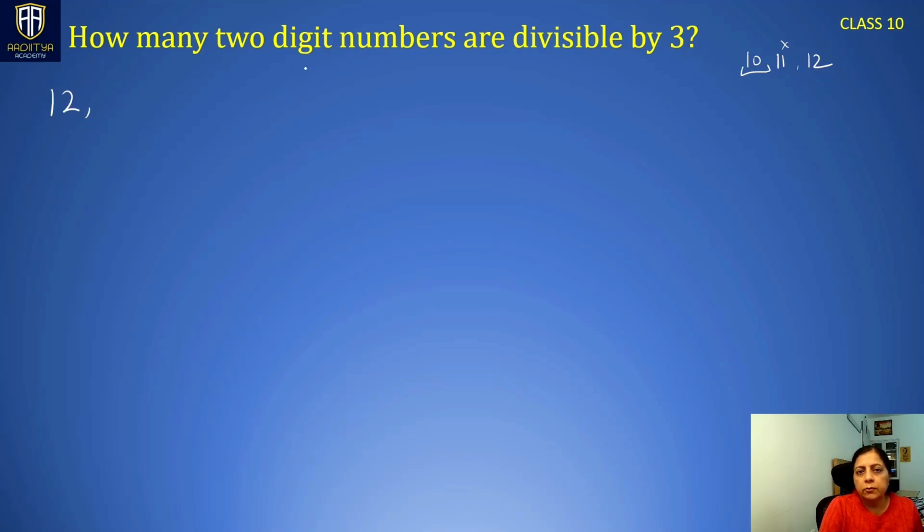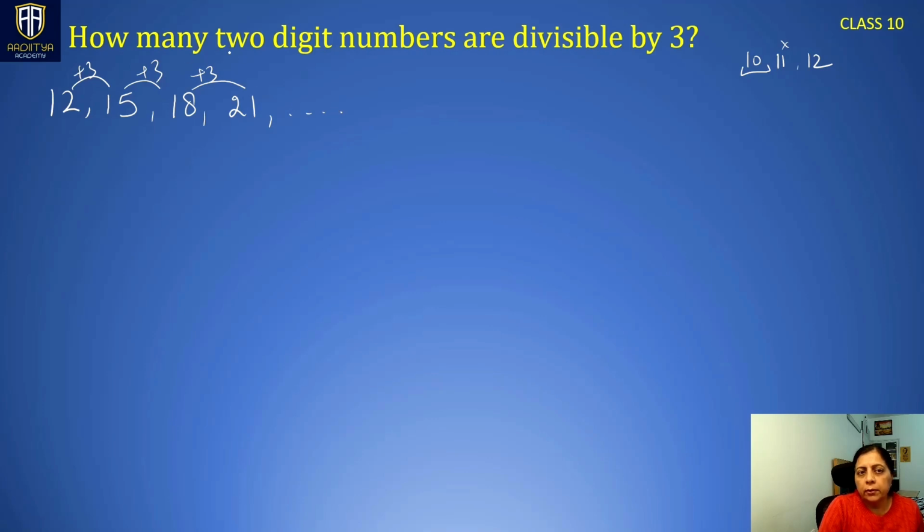Now since the sequence is of all the two-digit numbers which are multiples of 3, the consecutive number will again be a multiple of 3 immediately next to 12. So keep on adding 3 to get the sequence, because all the numbers have to be two-digit numbers with divisibility of 3. This is the sequence.